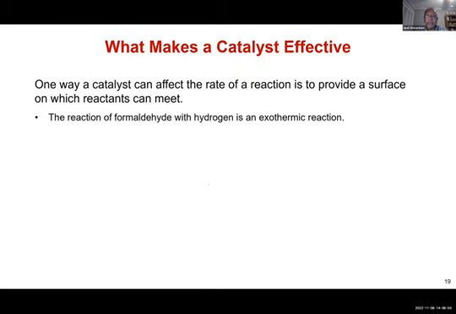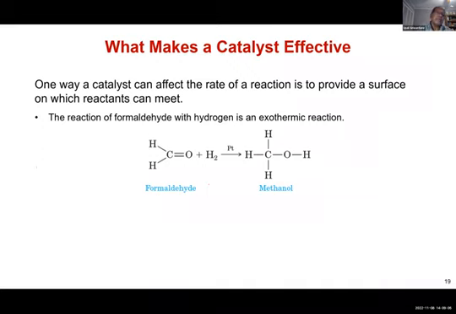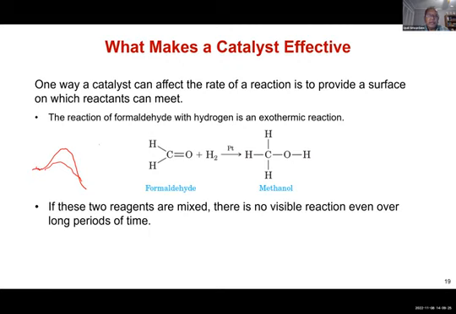For the reaction between formaldehyde and hydrogen, which is an exothermic reaction, this diagram, exothermic, would look like that. With the catalyst, it lowers the activation energy. Therefore, it takes place faster. Platinum is a catalyst. If the two reagents, formaldehyde and hydrogen, are mixed, there's no visible reaction even over a long period of time.